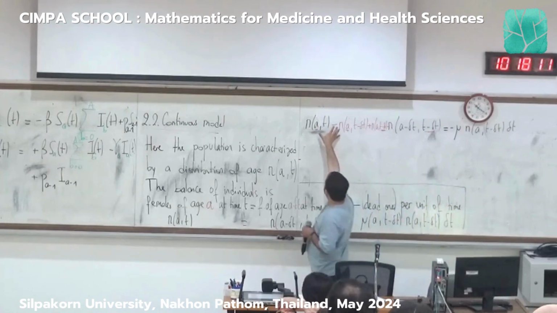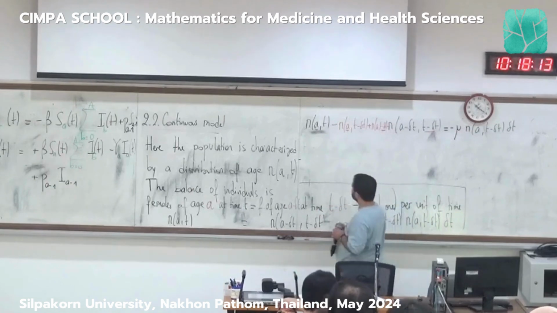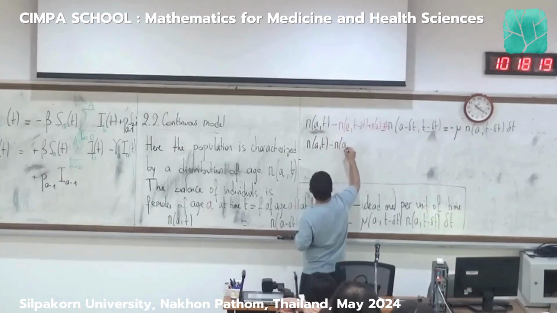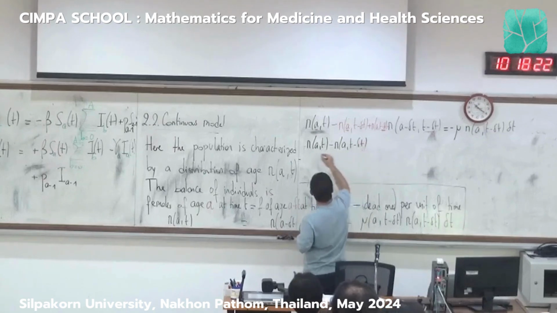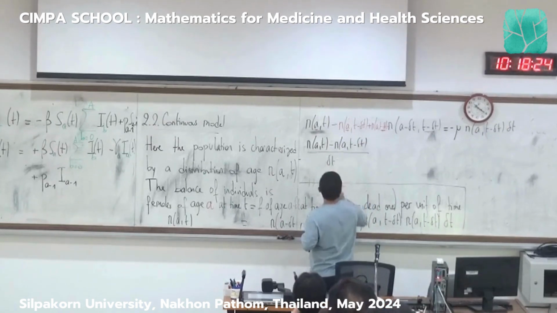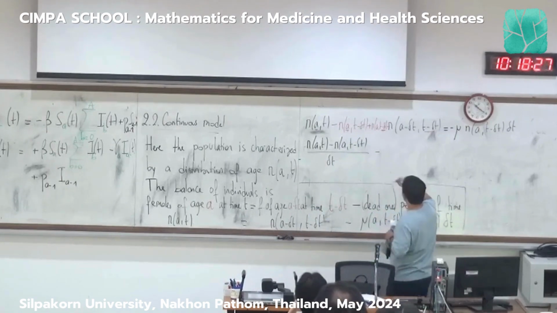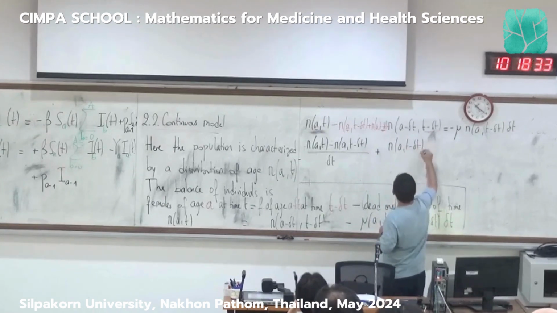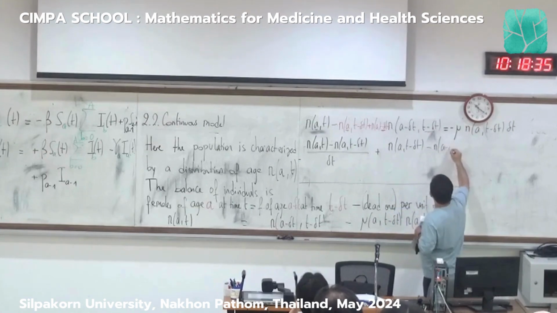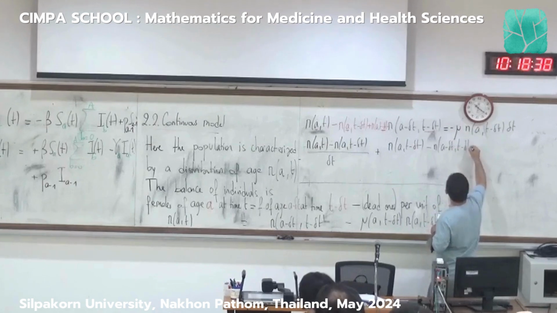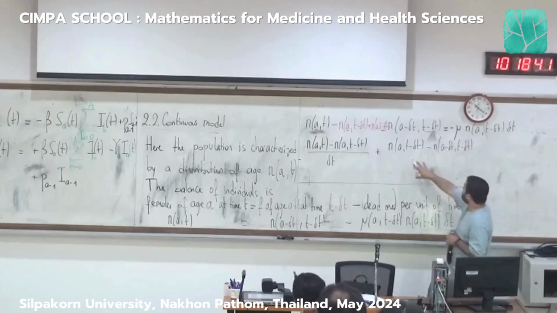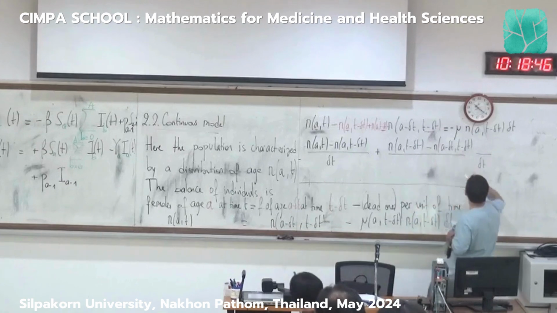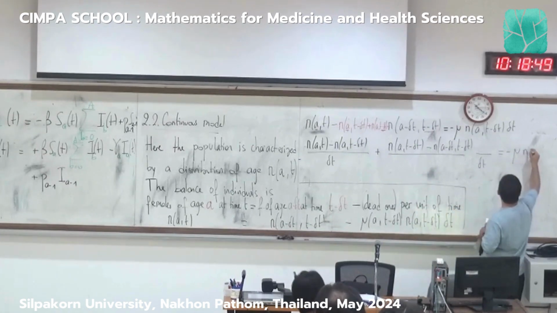Now I will put this one with this one with this one, and what I get is n at a minus delta t divided by delta t, plus the other differences, equal to minus the death rate times n.